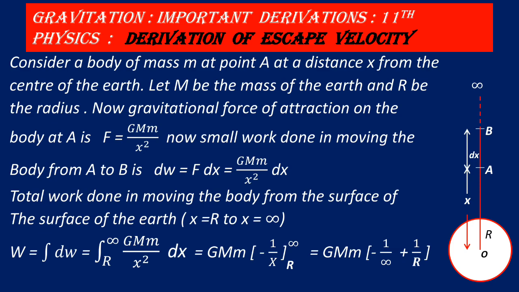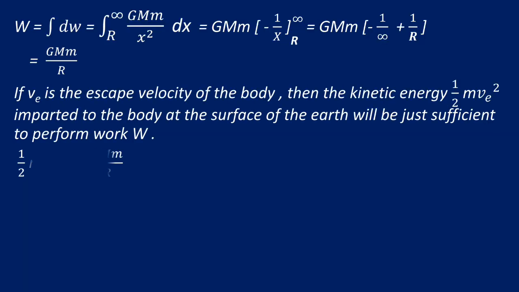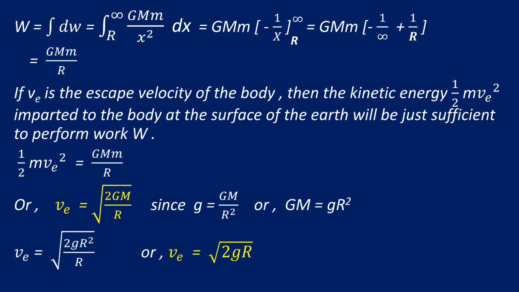After integration, we are getting G Mm into minus 1 by infinity plus 1 by R. Now after calculation, the total work done becomes W equal to G Mm by R.